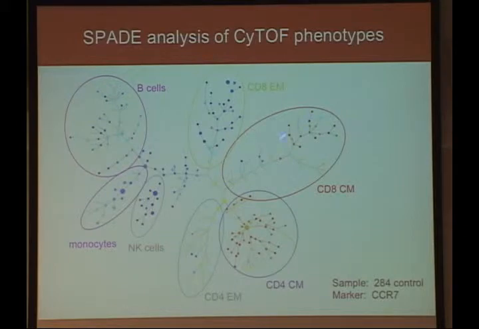And similar with CD8 cells, although there's a gradient along this branch, basically the high expressors for CCR7 are all out on this one limb of the tree, and there's another branch of CD8 T cells that is basically not expressing CCR7. So it's very reproducible and an expected distribution of these markers along these branches. And then we have NK cells, monocytes, and B cells over here.